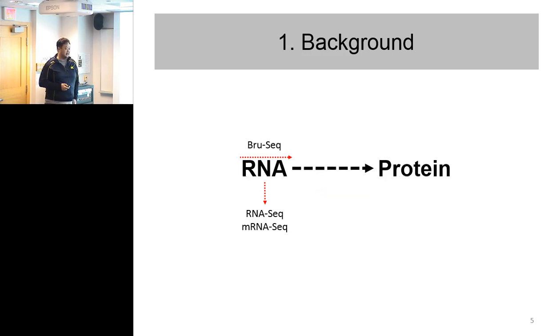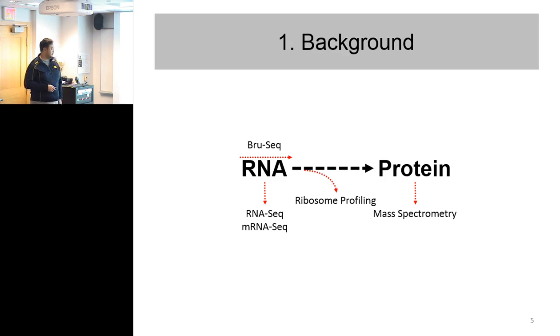BRIC-seq, a technique developed by the Youngman lab here at Michigan, looks more at the nascent active transcription of a cell. And then ultimately you can use mass spectrometry among other techniques to look at protein abundance. But what I'm focused on today is a fairly recently developed technique called ribosome profiling, and that looks more at the translational content of a cell or group of cells rather than the transcription.